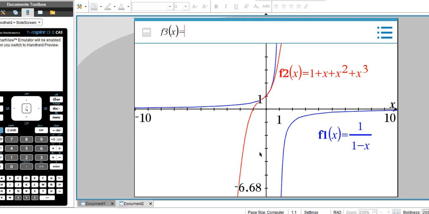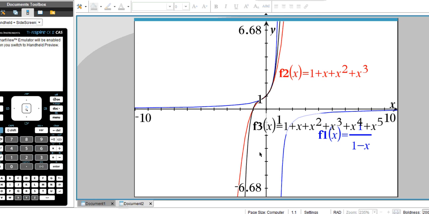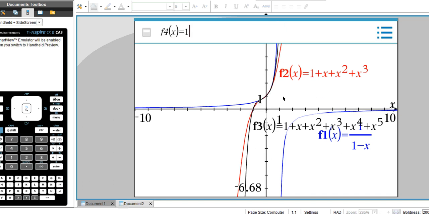And if we were to add more terms, we would find that the black curve snuggles up closer to the blue curve for longer.